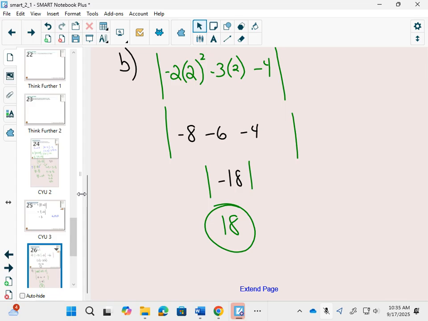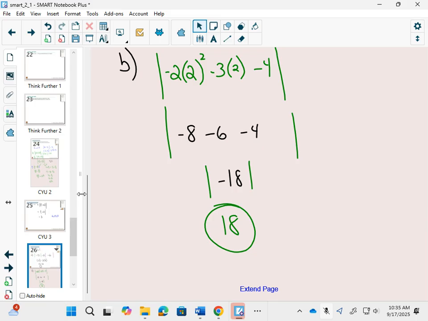So a couple things with absolute values. As far as order of operations go, they act like brackets. You have to do what's inside of them first until you get a single number. Then you can take away the absolute value bars. If you take away the absolute value bars earlier than that, it's going to cause problems.